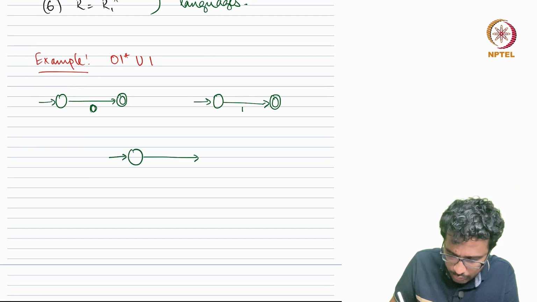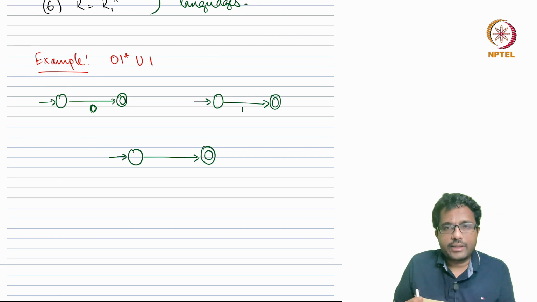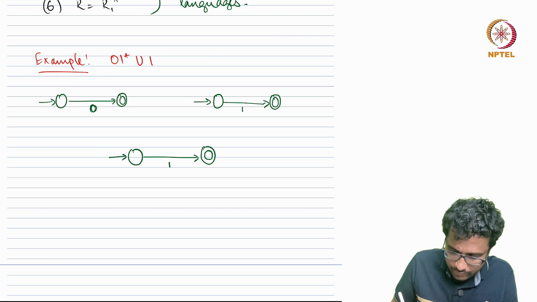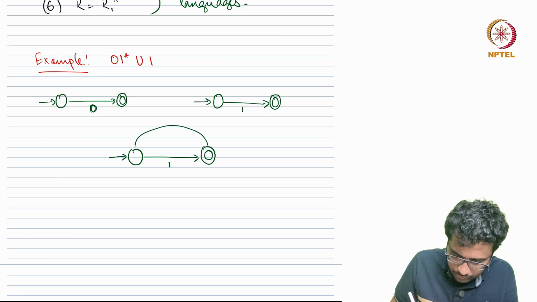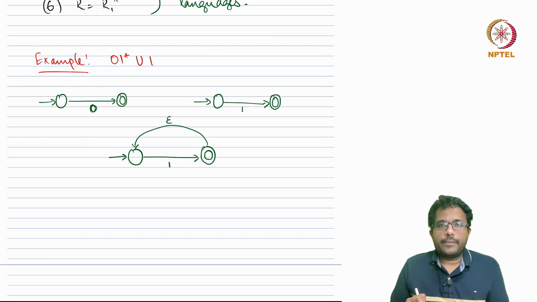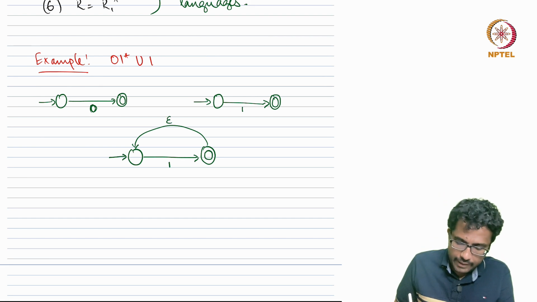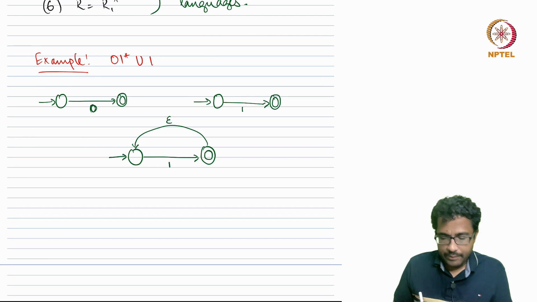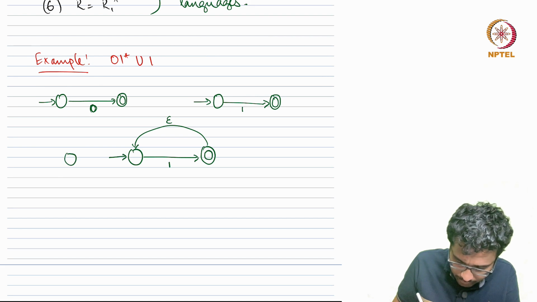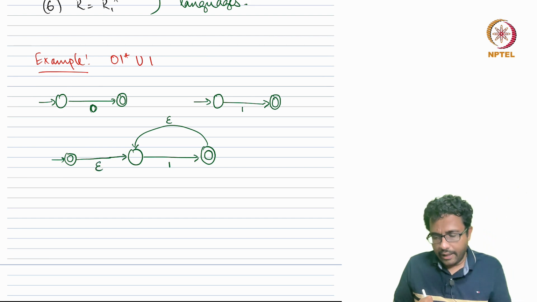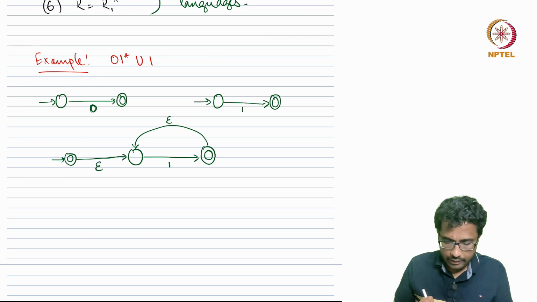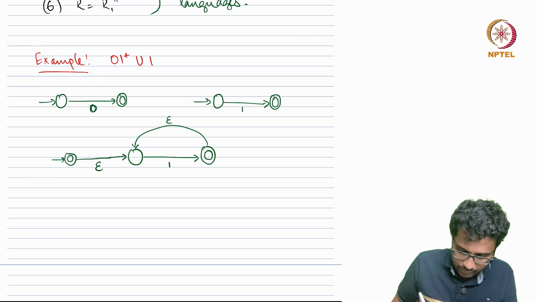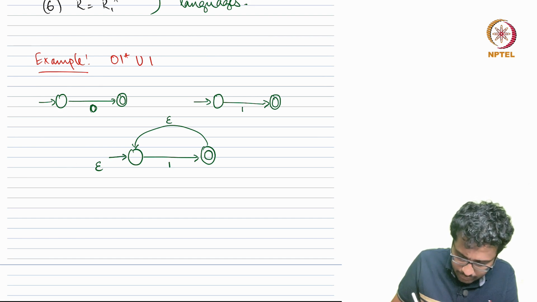We want to build the NFA for 1 star. So this is the NFA for 1. Now for 1 star, we need to make an epsilon transition from the accept state to the start state, but this does not accept the empty string. So for that we need a new start state which is also an accept state, and then an epsilon transition to the older start state.